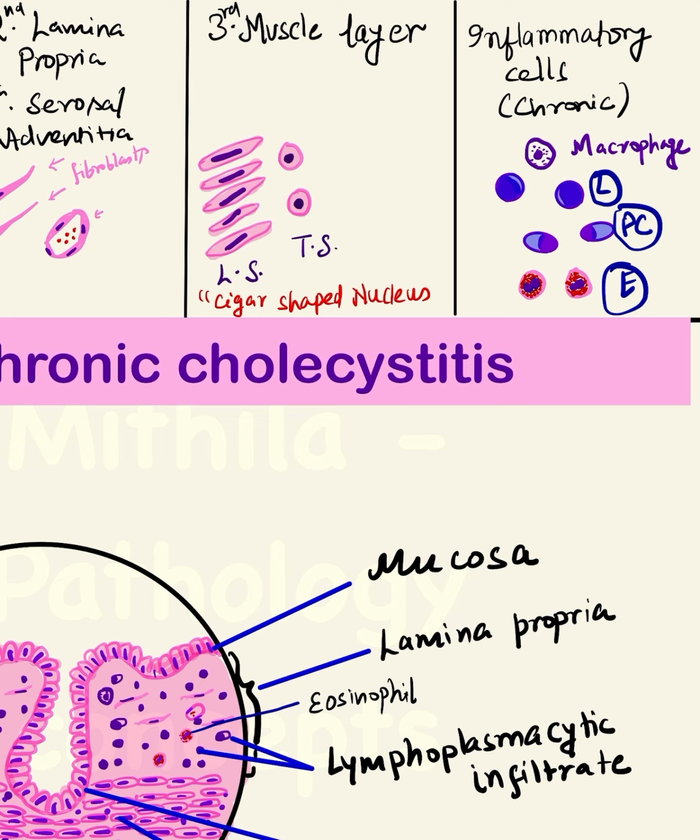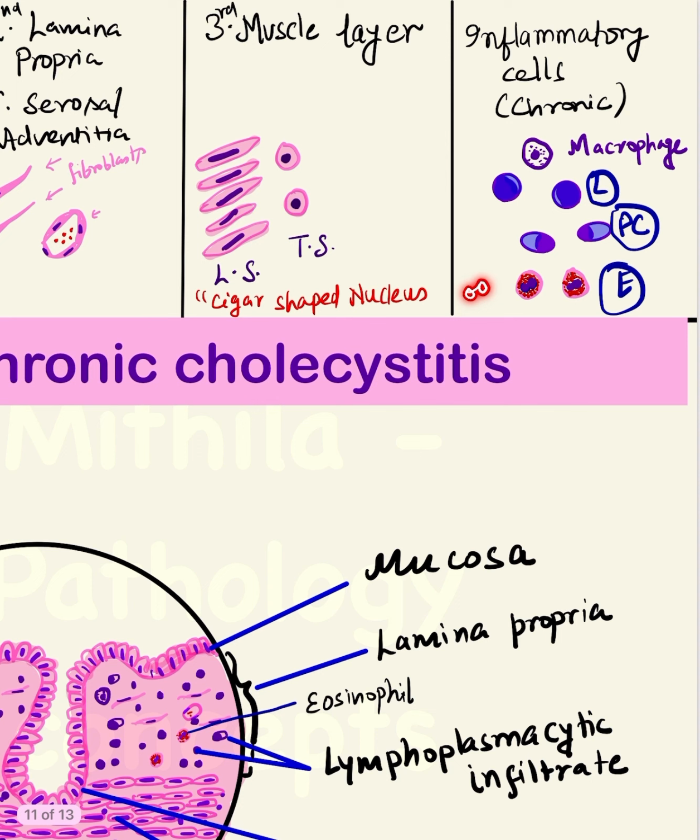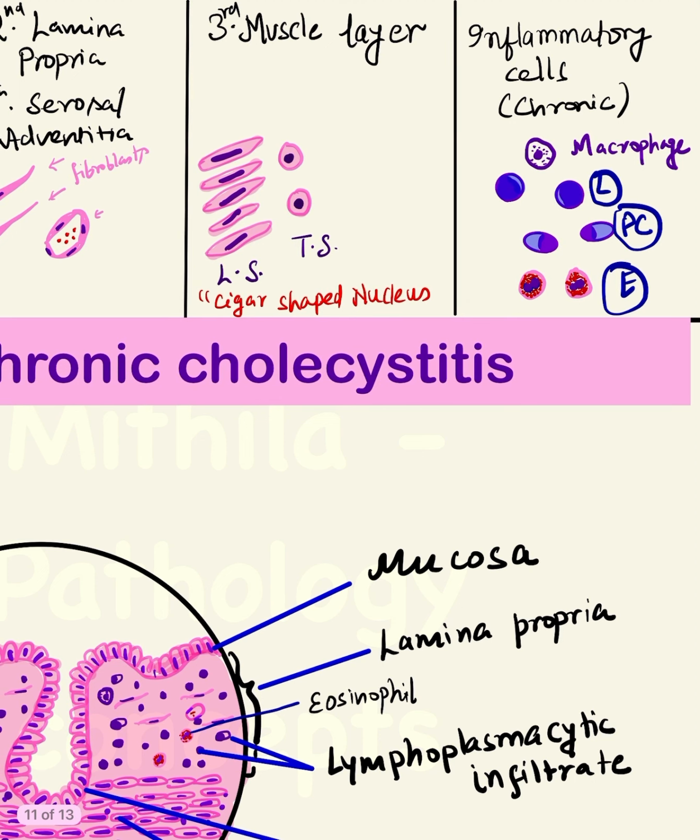Then eosinophils, which are also chronic inflammatory cells. Generally we draw a spectacle shaped or bilobed nucleus, but that is not the rule. They can have more than two lobes, but for ease of drawing we make a spectacle shaped nucleus. And then there is cytoplasm with brick red colored granules. So this is how we make the eosinophils.